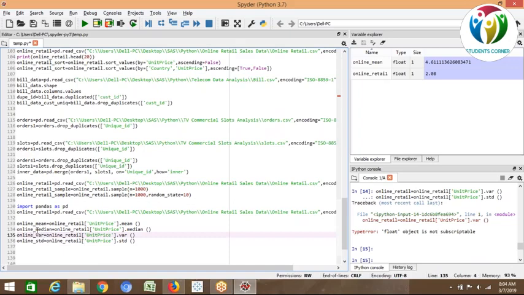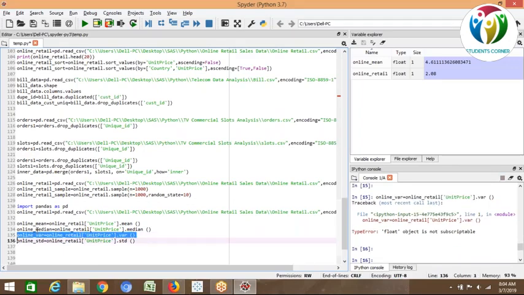But still, this has to work, right? It says float object is not subscriptable. I don't know what that is. Is this working, like the same thing with var and std?